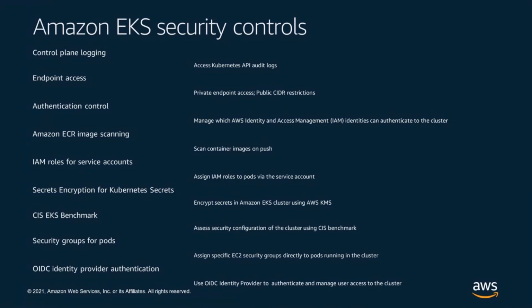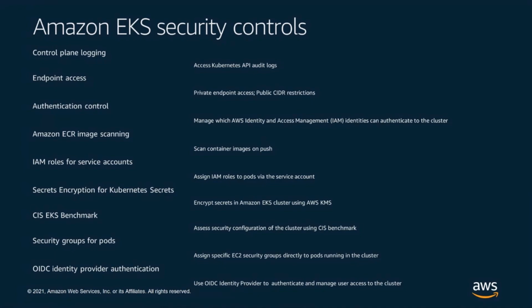Last year, we also announced the CIS EKS benchmark in July to help customers accurately assess the security configuration of Amazon EKS clusters, including security assessments for nodes to help meet security and compliance requirements. We offer assessment tooling through kube-bench, an open source tool from Aqua Security, who is an AWS partner.